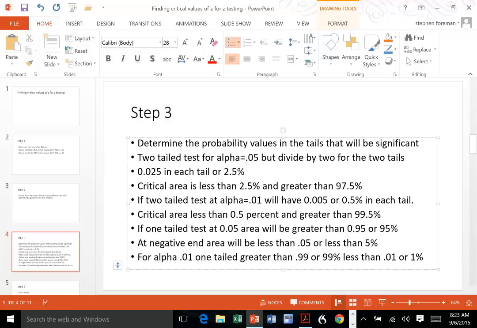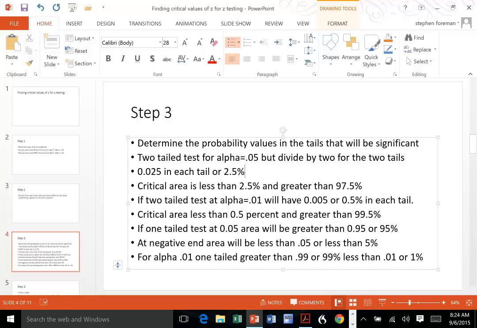So the critical area are values less than 2.5% and values greater than 97.5%. And if you're using a proportion table, it'll be less than 0.025 and greater than 0.975.